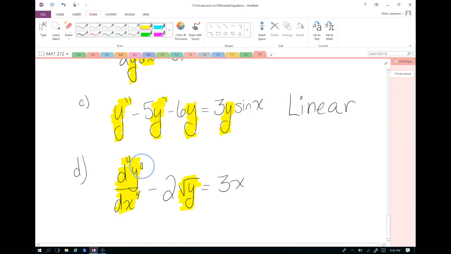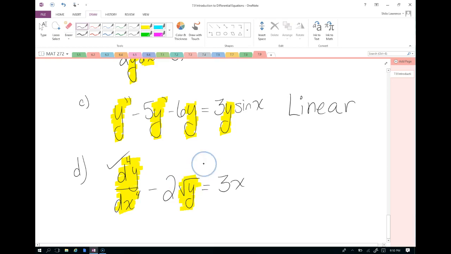So my first term is just y to the first power. It's not being multiplied by anything else that has y's in it. So that first term's perfectly fine. Now the second term is not being multiplied by any other y's, but square root of y is not linear.